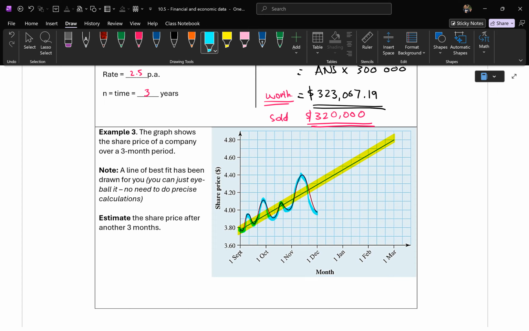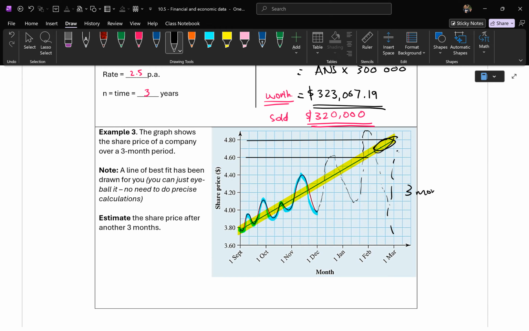And this is where you will just have to make an assumption, roughly. So you can kind of guess it might be roughly somewhere in this region here. That's the idea. After 3 months, if you had to guess, it's probably closer to 4.6 to 4.8 in 3 months' time.